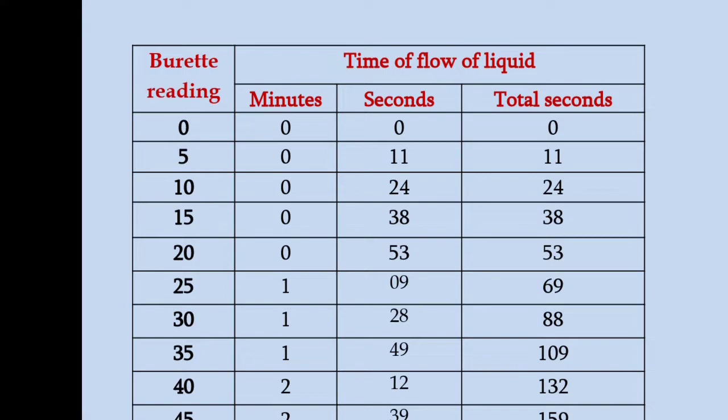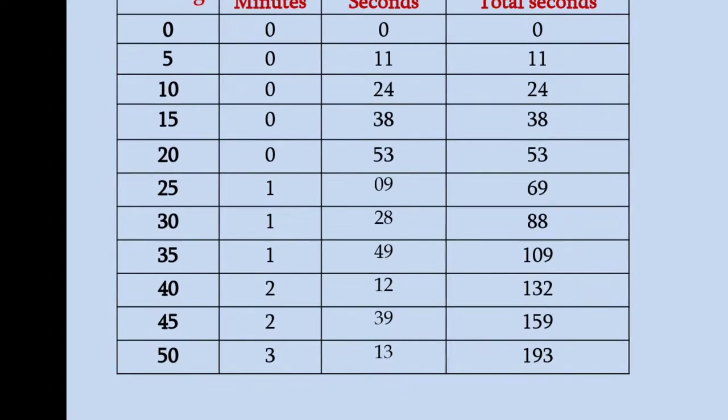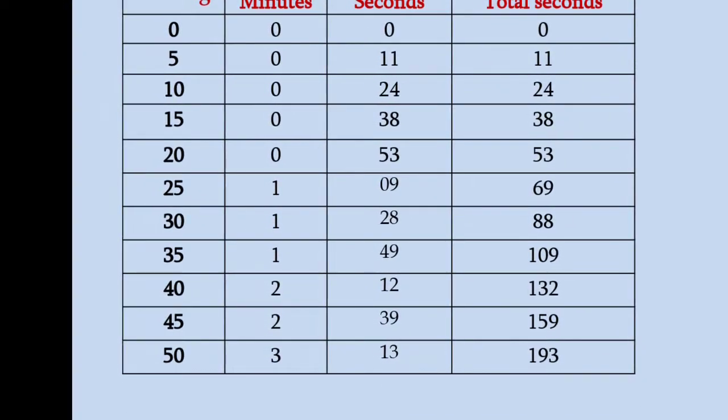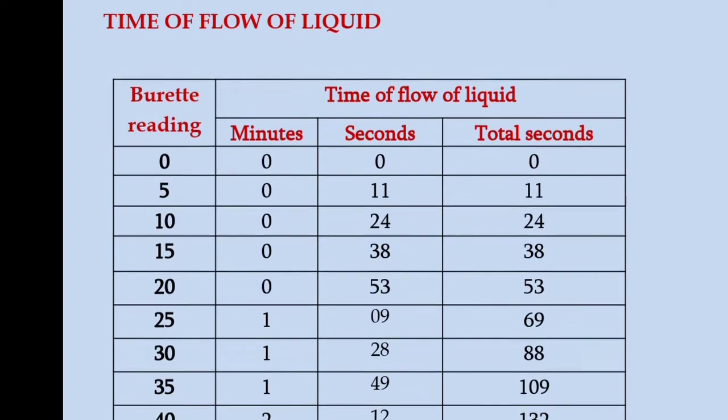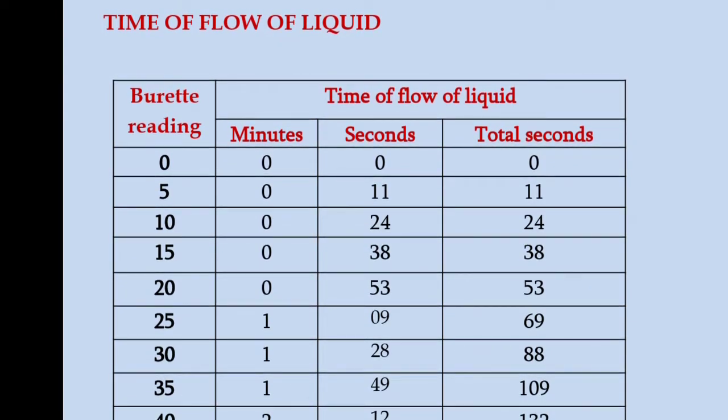For the 0 marking of the burette, the time taken is 0. Then for 5 it is 11 seconds, and for 10, 24. As it goes on, for reaching the level of 50 in the burette reading, the time taken is 3 minutes 13 seconds. Our first task is to convert all the minutes into seconds.